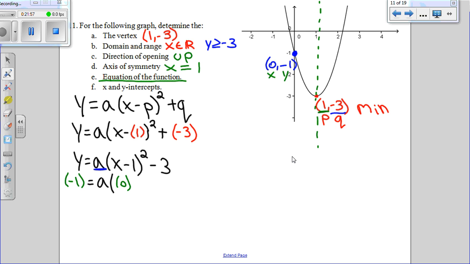You notice now our equation has nothing left in it except an A and a bunch of numbers. That means you can isolate A. To isolate A, I first calculate what's inside the brackets. 0 minus 1 is -1. -1 squared using brackets is going to be +1.